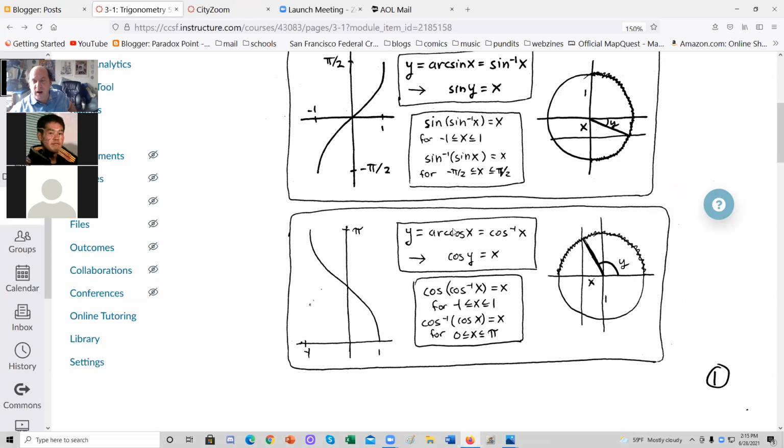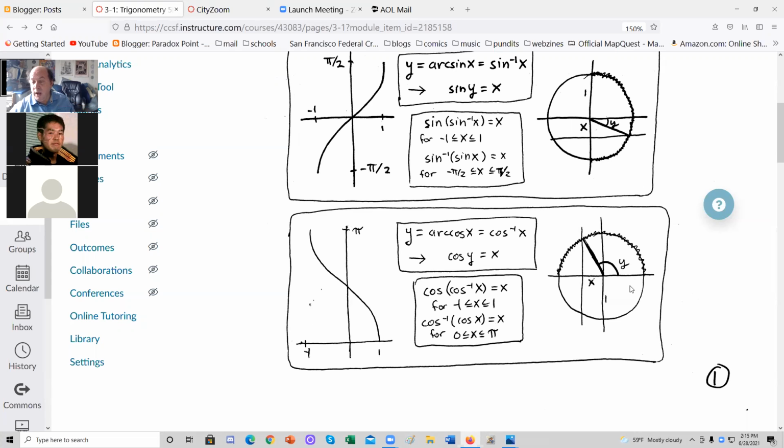Now here we have the arc cosine, also written cos inverse x. That y is arc cosine x if cosine y equals x. Its graph looks like, well, we take this cosine graph and make it snake up the y-axis, and we take this little piece of the graph here, defined between -1 and 1, with a range from 0 to pi radians.